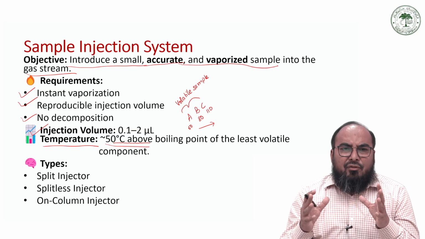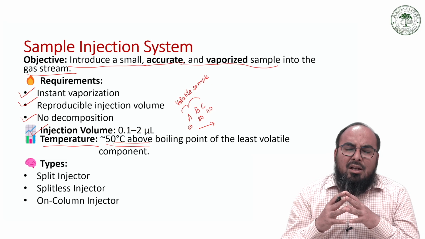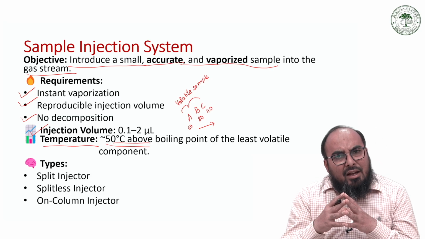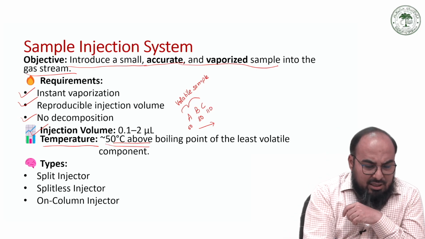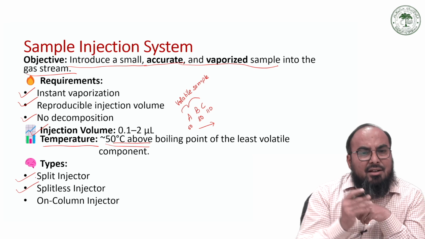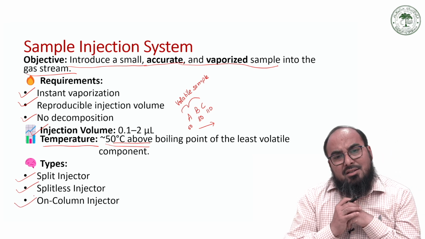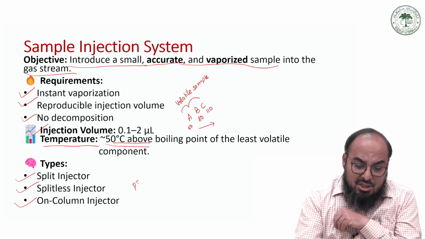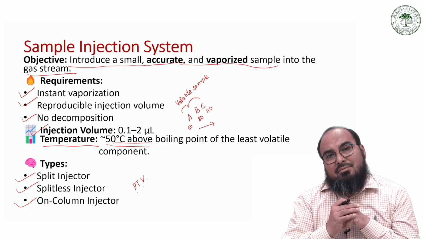Now there are a number of injection systems, depending upon the type of sample we are going to study, identify, or separate. So there may be a split injector system, a splitless injector system, an on-column injector system, and sometimes we also have a PTV system, that is, a programmed temperature vaporized system.